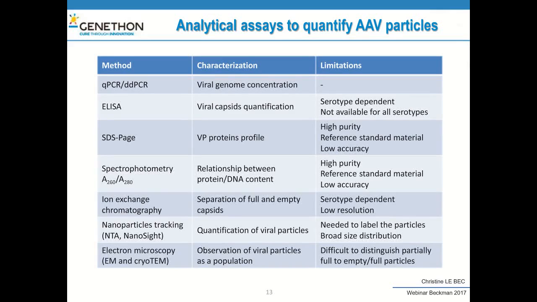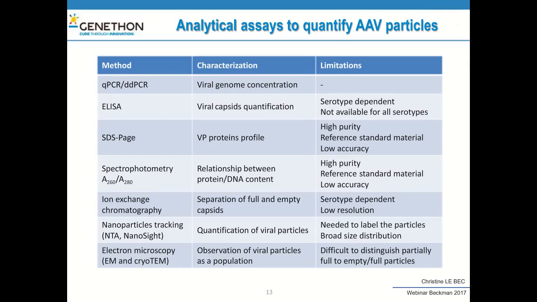So you have different analytical assays to quantify AAV particles, to quantify the full particles, and to quantify the total particles, the mix of empty and full particles. To quantify the full particles, the method commonly used is a qPCR assay, which gives you a concentration of your viral genome and does not have any limitations. The ELISA is a commercially available kit.